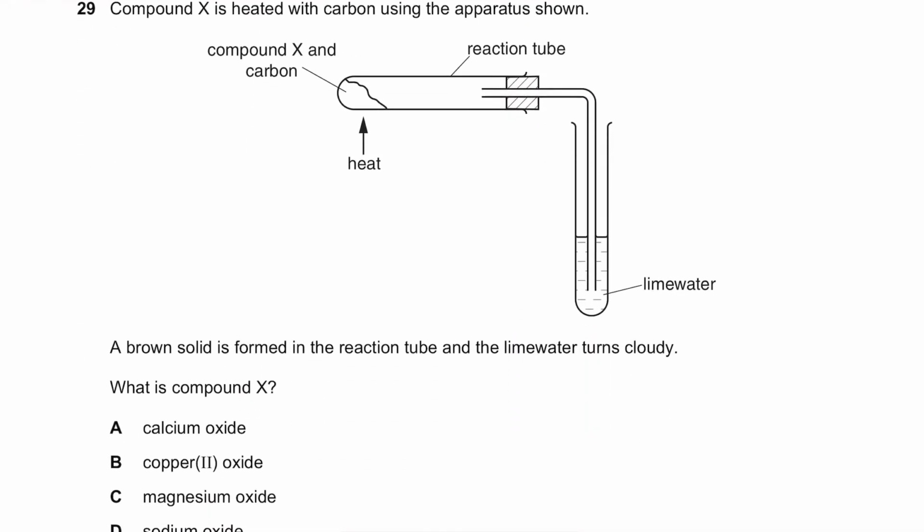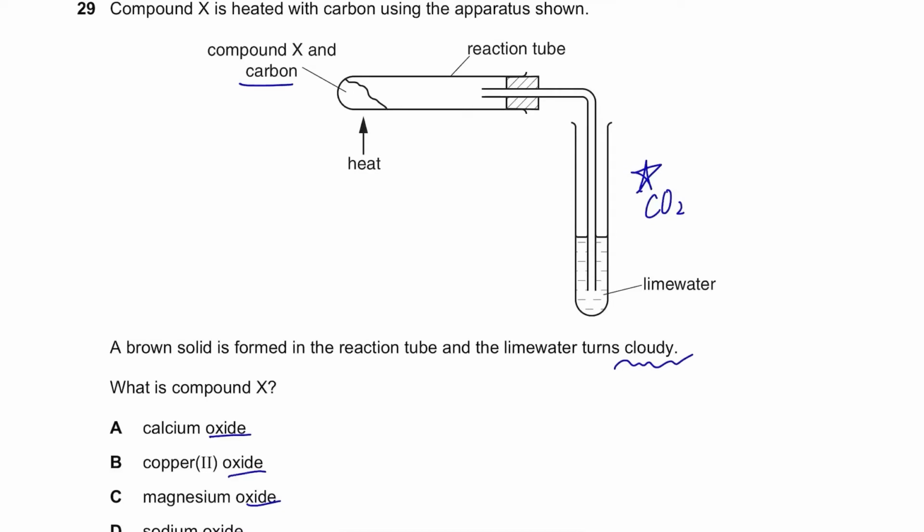Question 29. Compound X is heated with carbon using the apparatus shown. A brown solid is formed in the reaction tube and the lime water turns cloudy. We have the options here, they're all oxide compounds. There is carbon added together with it, so it will form carbon dioxide as one of its products, and that is what made the lime water turn milky.